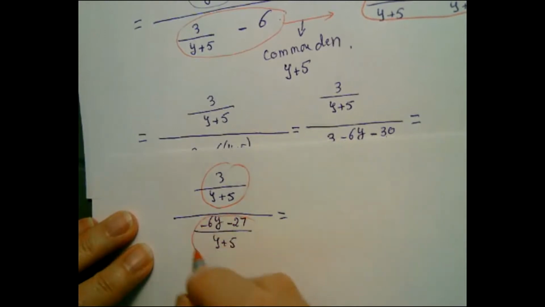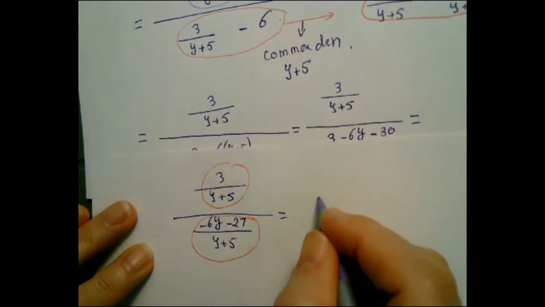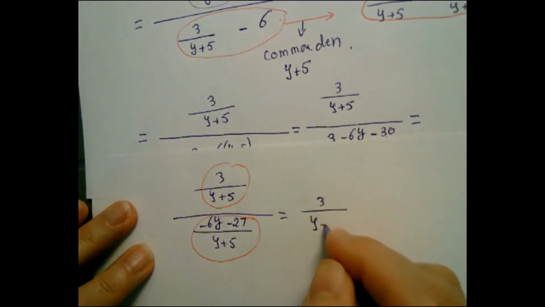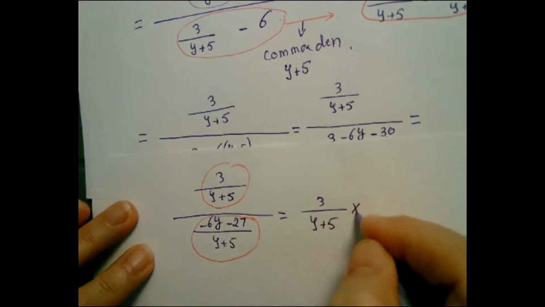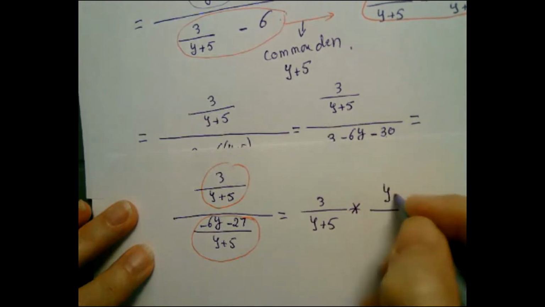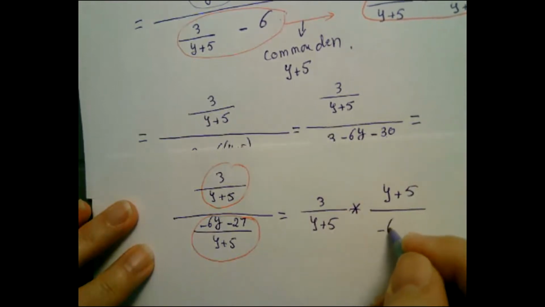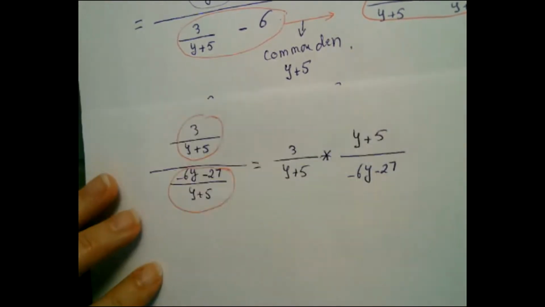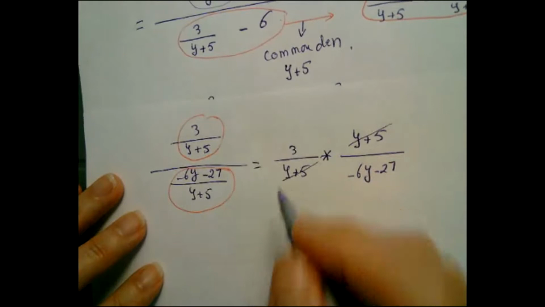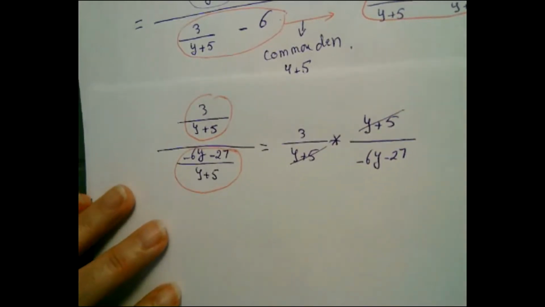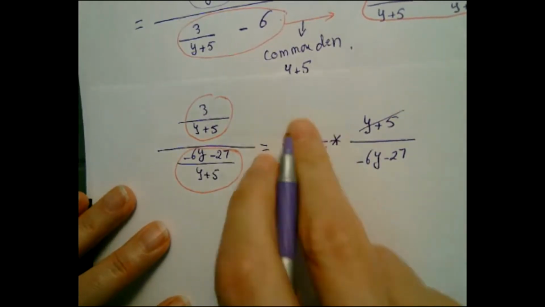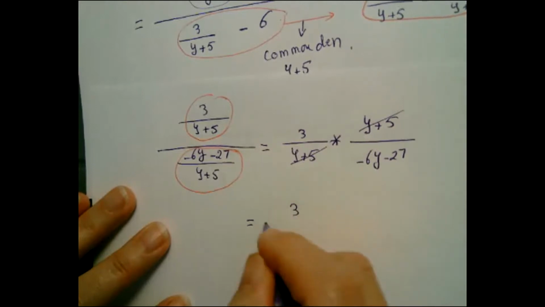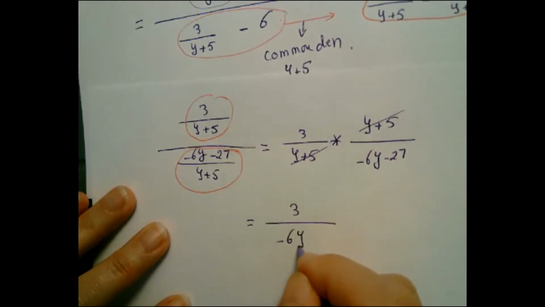I have a fraction divided by another one. Nobody likes this. I don't, you don't. So now the rule of fractions: this is equal to that times the reciprocal of my denominator. Now we can see that this is the same term. I have the right to simplify it because it's a multiplication, and then I will end up with this expression.